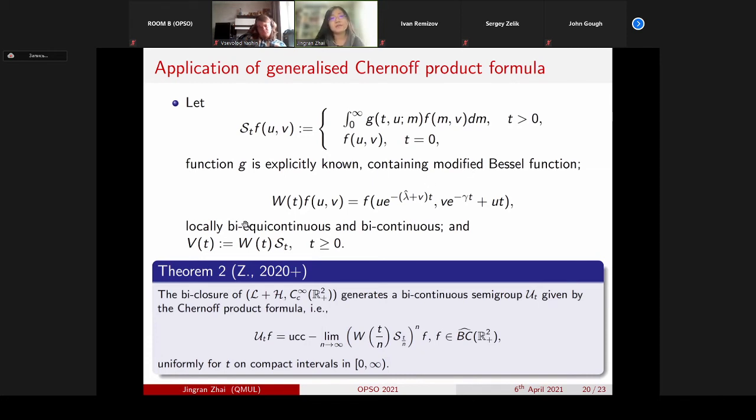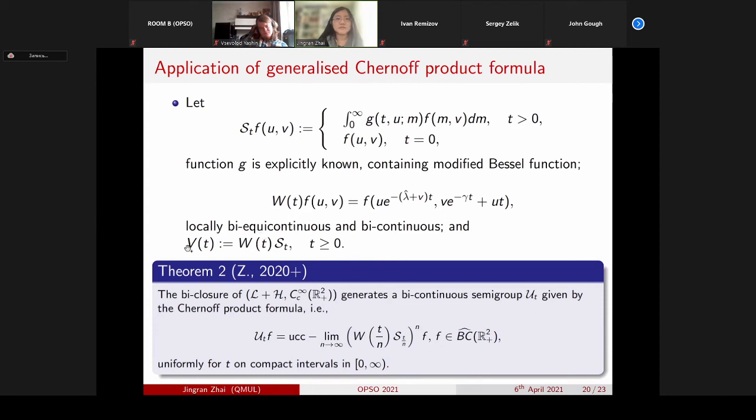For the first order operator H, we find Wt, which is essentially the Chernoff function for H. We use this instead of the semigroup form because the semigroup form cannot be written explicitly. And we can show that Wt has the property of being locally bi-equicontinuous and bi-equicontinuous.